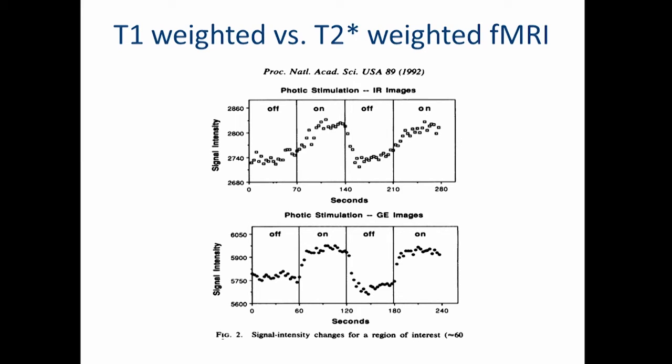And the reason for the post-undershoot, as Joe Mandeville and other folks have shown years later, is a blood volume effect, an extra delayed blood volume result, which is not shown in the T1-weighted perfusion method. So that's the indication we use to tell the two different approaches apart.